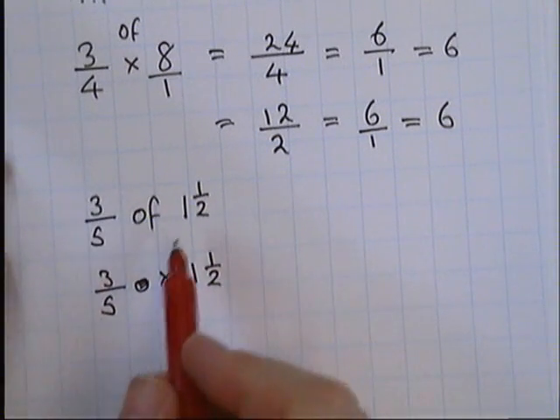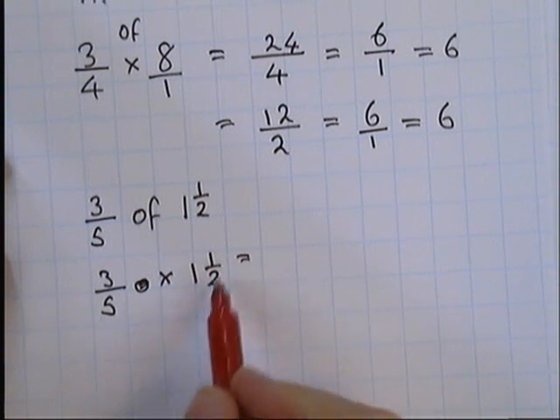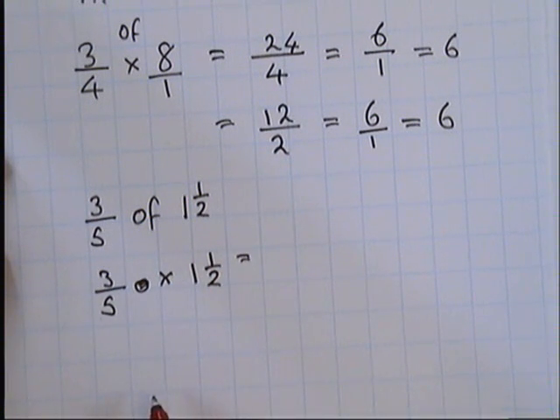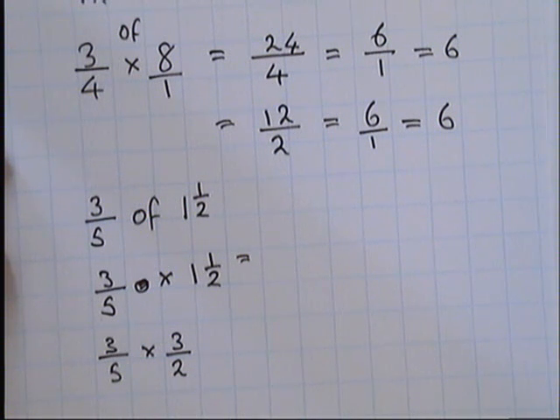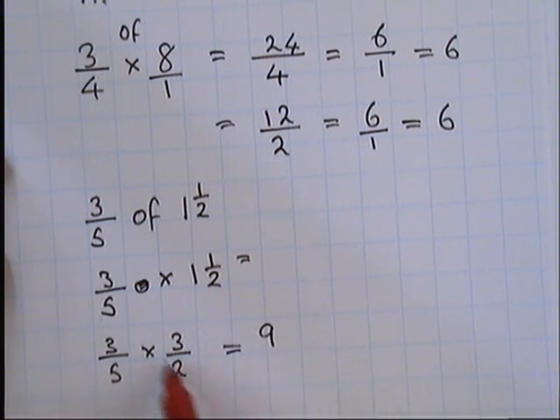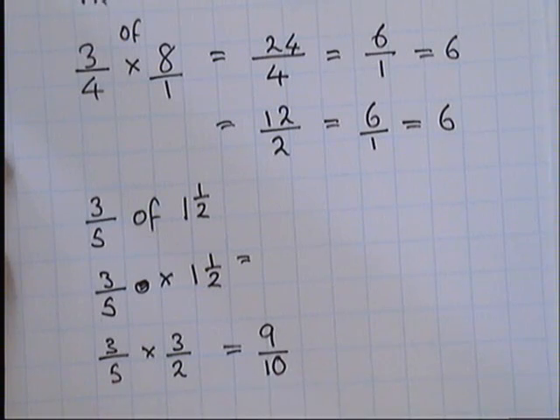Now the easiest way to do this question is to convert this mixed number into a top-heavy fraction. So 3/5 times 3/2. And if you don't know how to do that, there's a video on the King's Learning platform that will help you with that. 3 3s are 9 and 5 2s are 10, and that doesn't cancel any further.